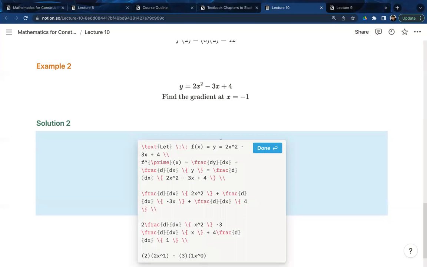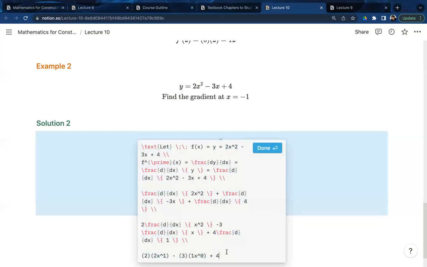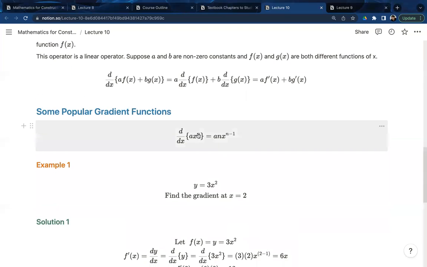This is a tricky one now. Plus 4. Now 1, what is 1? 1 is really x to the power 0 if you think about it, right? But the derivative of a constant is 0. So this is 4 by 0. And it makes sense: anything by 0 is 0.